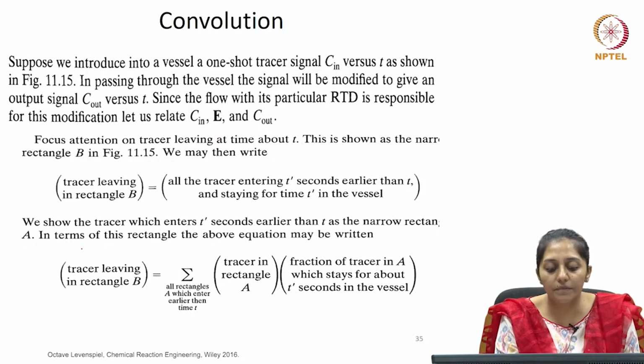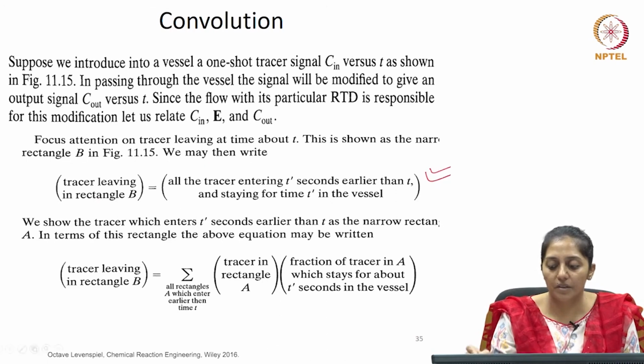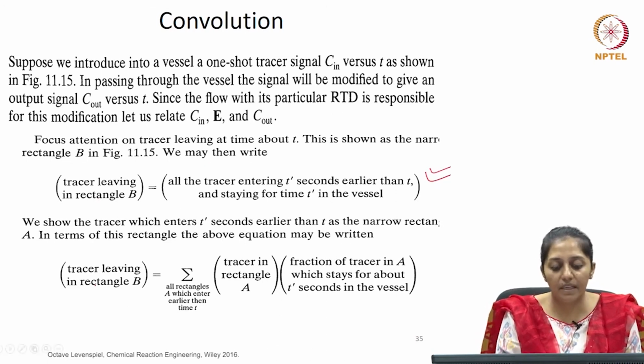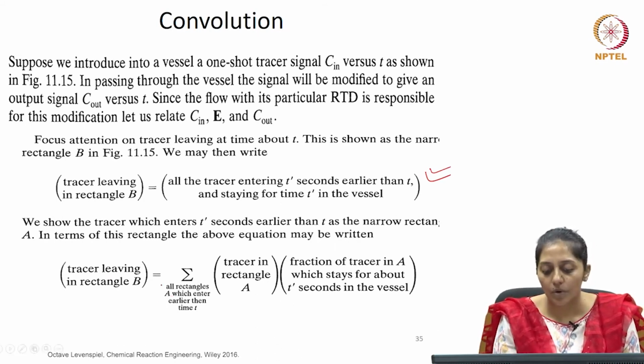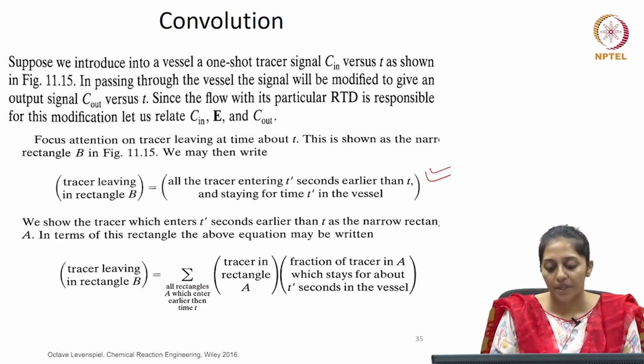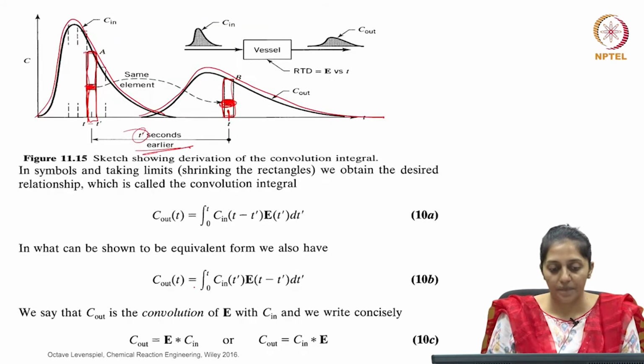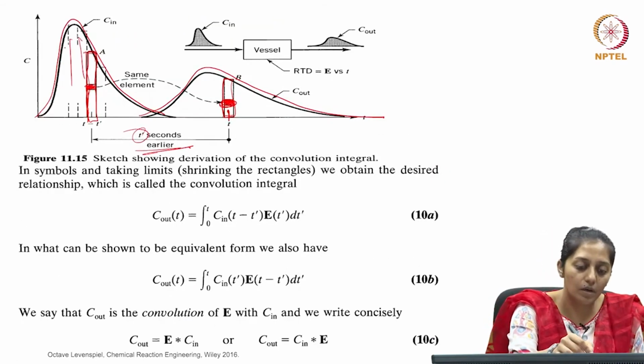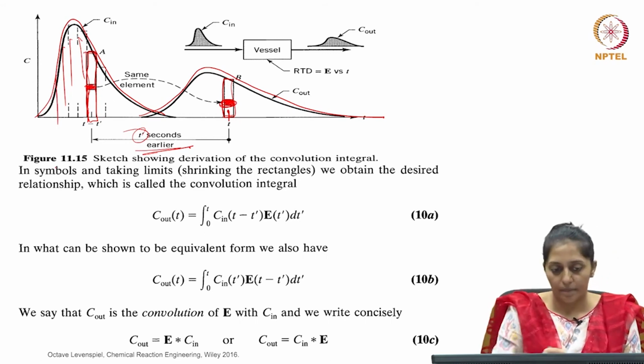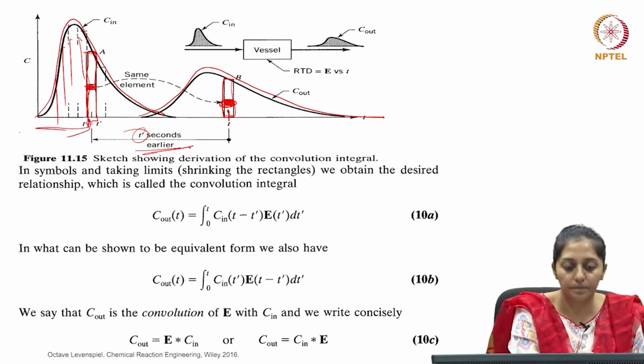Now in terms of this rectangle, the above correlation can then be written as, let's see, tracer leaving in rectangle B is equal to summation of all the rectangles A which have entered earlier than time t. So which means all such rectangles before time t.